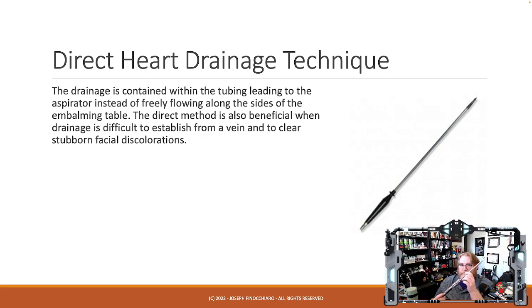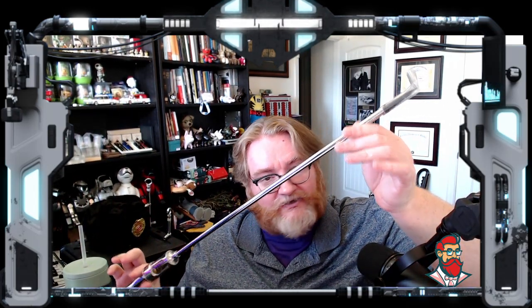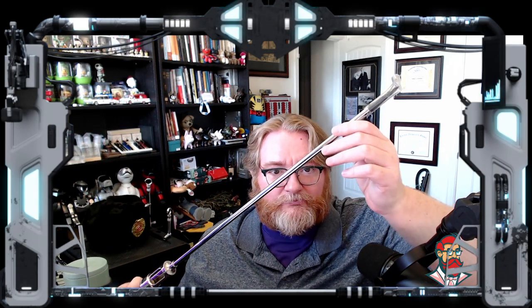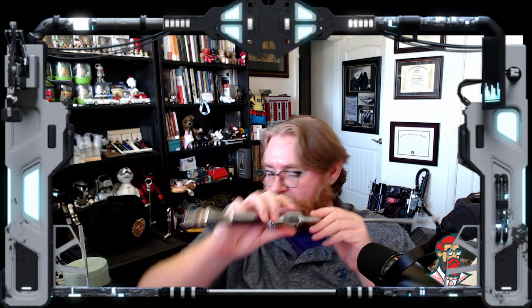And you can see, go back to full screen real quick, that this is really large to try to stuff into the body. Now, you can absolutely use this. No ifs, ands, or buts. This is perfectly acceptable. But they do have a smaller one that is intended only for heart taps or direct heart drainage. And the goal here is to pop it into the heart and start taking drainage.